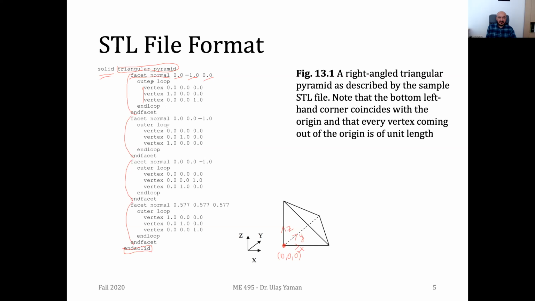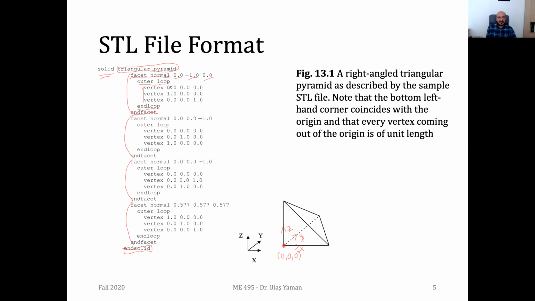We have another term, outer loop, which means that the loop for the triangle has just started. These are the vertices, and then after the vertices are defined, you simply end the loop, and also you end the facet, which is the triangle we are working on.